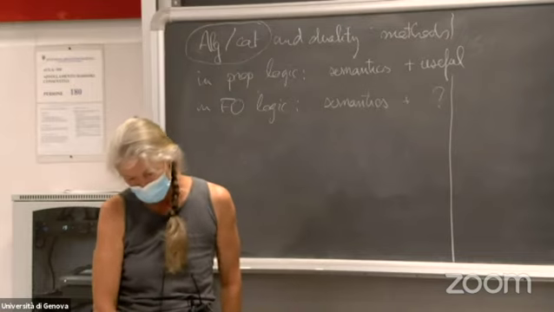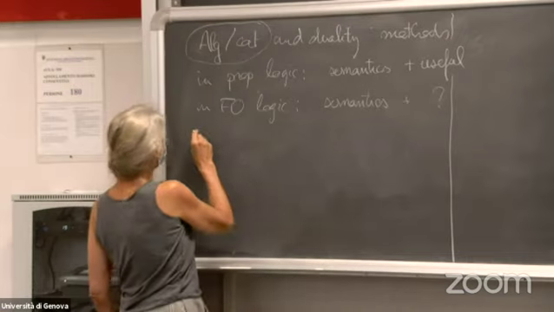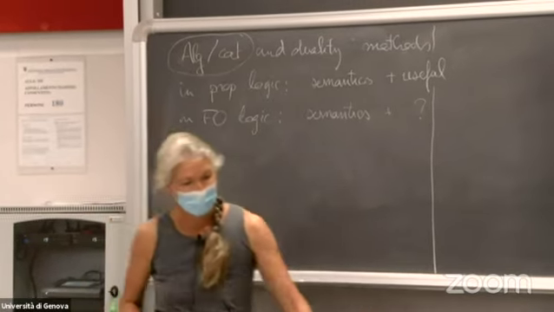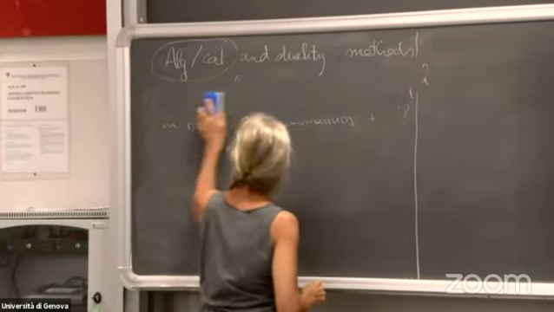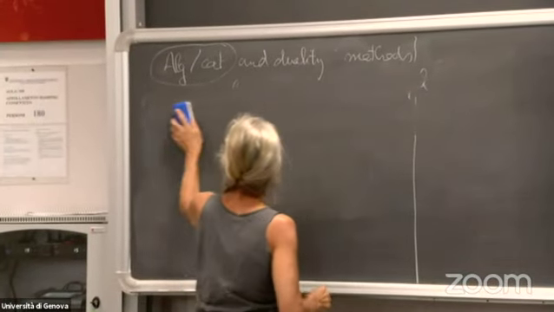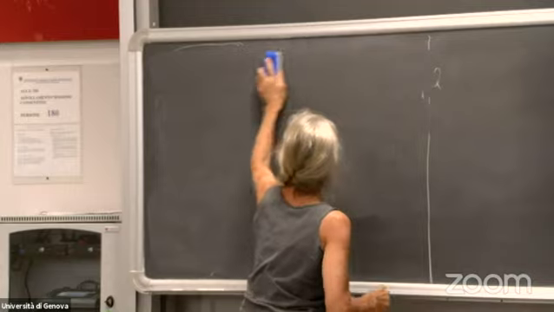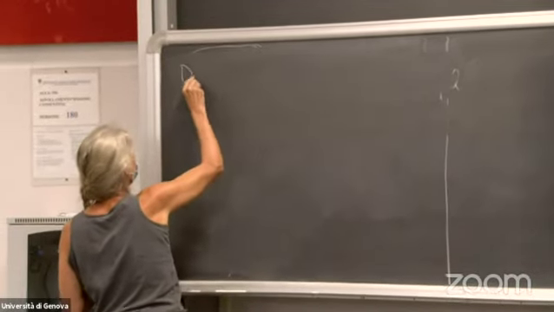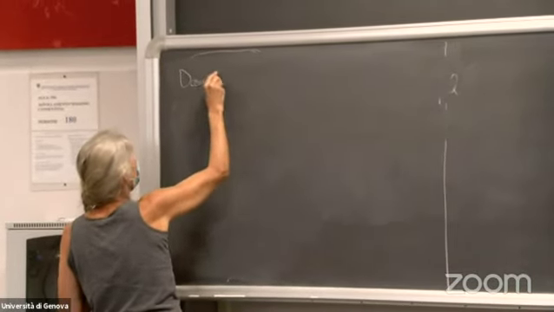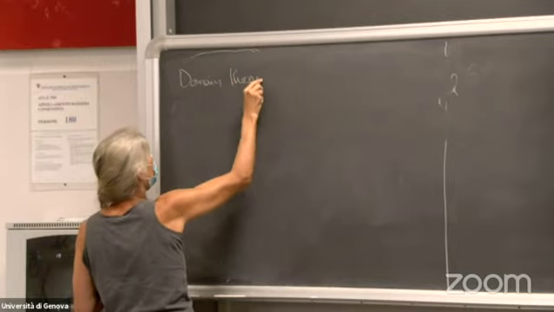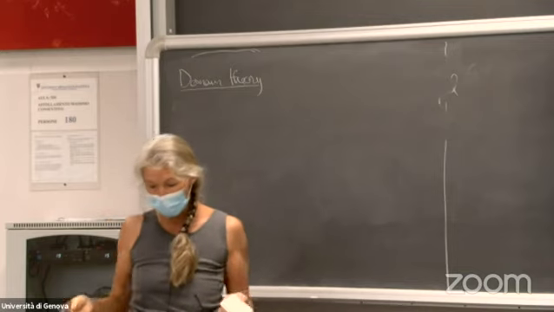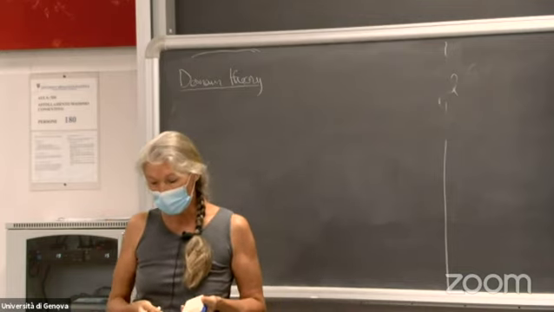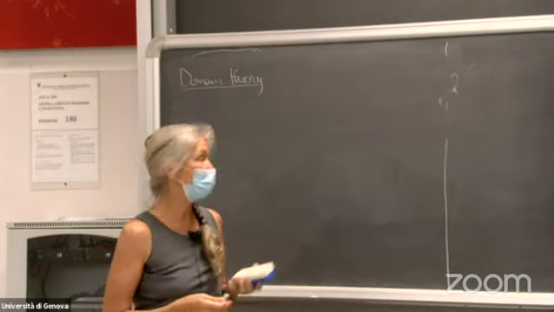But anyway, so let me start by talking about domain theory. So domain theory, this is part of what is known as denotational semantics.